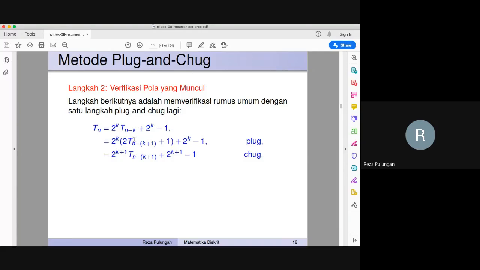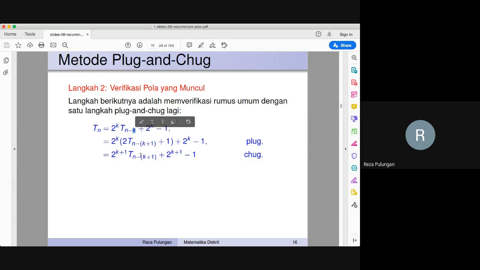This is k, becomes k plus 1. This is also k, becomes k plus 1. So, if after you perform plug and chug, every k becomes k plus 1, then this basically means that this is already proved. This is the same as an induction. Let me say it once more. Perform once more plug and chug and look whether every k is transformed into k plus 1.